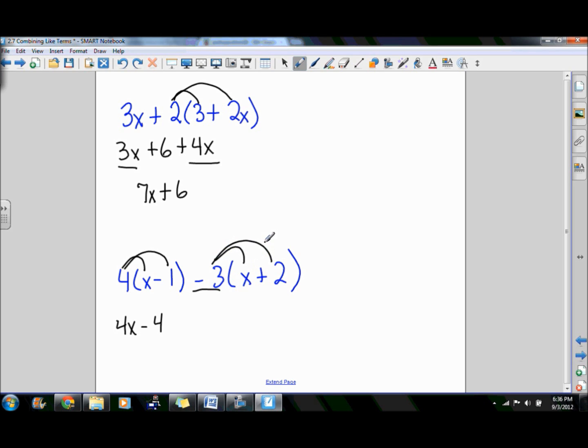So I'm going to distribute this to give me negative 3x plus negative 3 times 2, which is negative 3x minus 6. Seems really similar to saying 3x plus 6, but they're so different, and they will mess up your whole problem if you don't get that right. Last step, we just combine to give me 1x, or just x, minus 10.